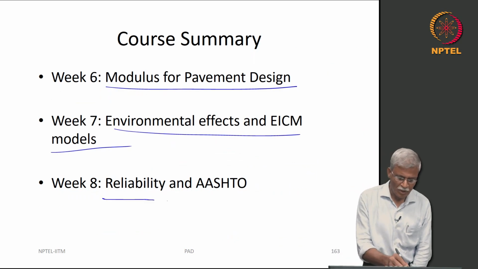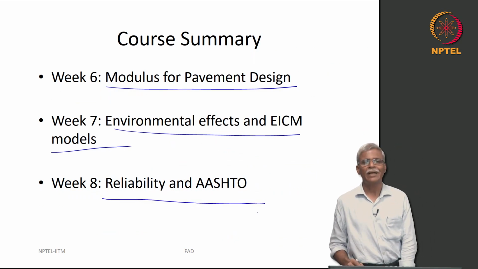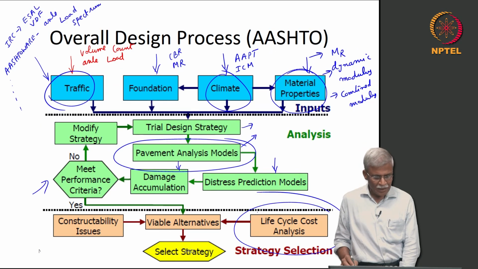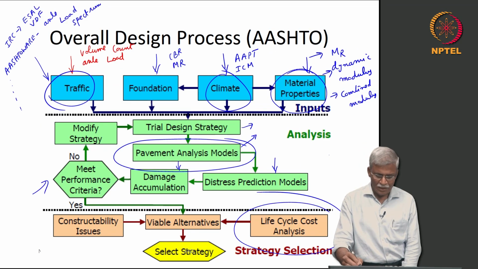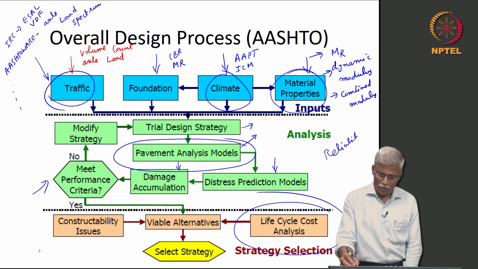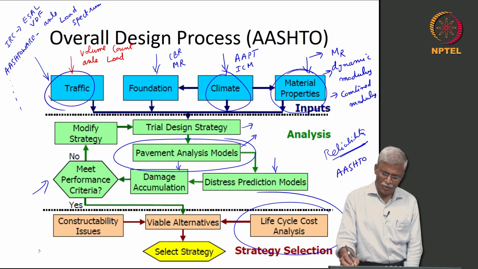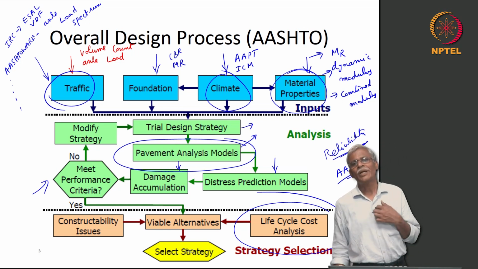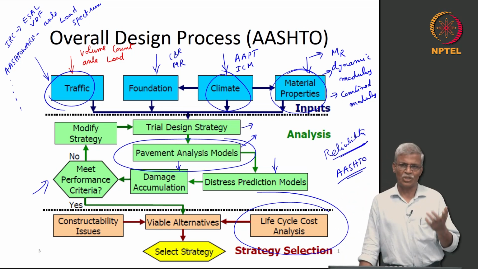Then we talked about reliability and the AASHTO pavement design. So, in fact, the reliability comes here, though it is not explicitly mentioned, and AASHTO pavement design was given. Now, why did we introduce AASHTO first?